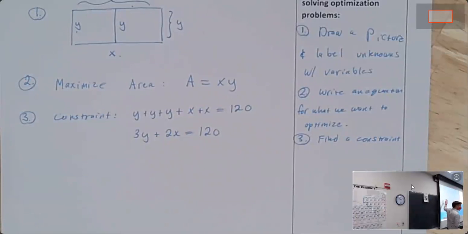Whereas the constraint equation, which you're going to find in all these setups, is always going to equal some sort of number because you have some limiting piece of information. The reason I mention this is because over the years, I've seen a number of people write that the area is equal to 120 in a problem like this. Just be aware, right? The thing you're trying to maximize is just some function of the things you've got, and the constraint is equal to a number.